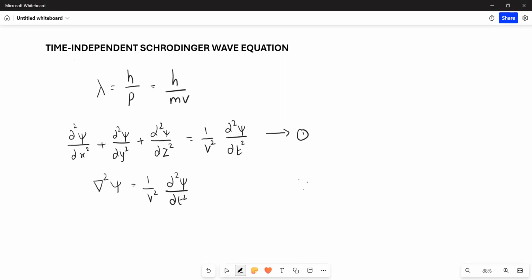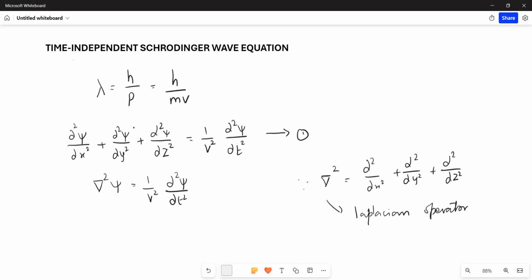Here del square is dou squared by dou x square plus dou squared by dou y square plus dou squared by dou z square. This is called the Laplacian operator.